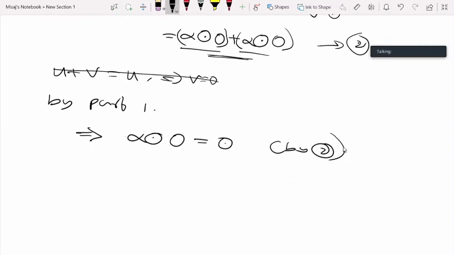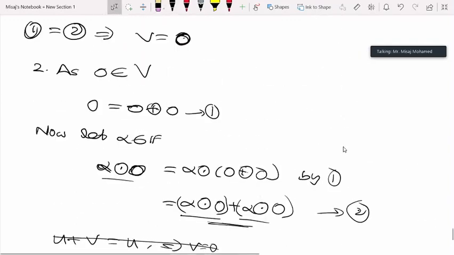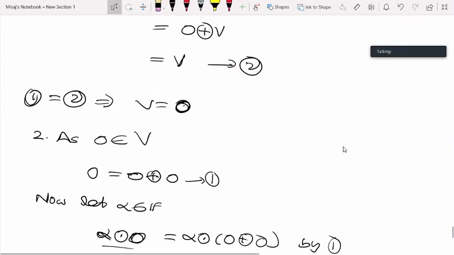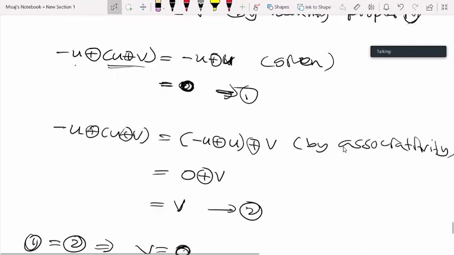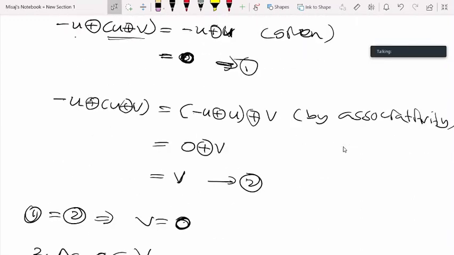Alpha dot 0 is 0, for any alpha in F. What we have to prove is for any alpha in F.